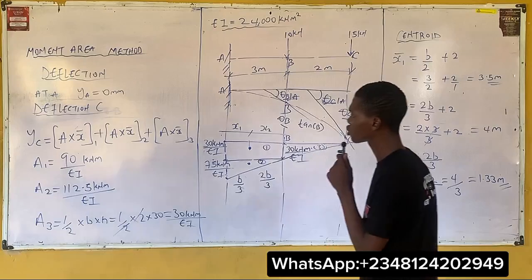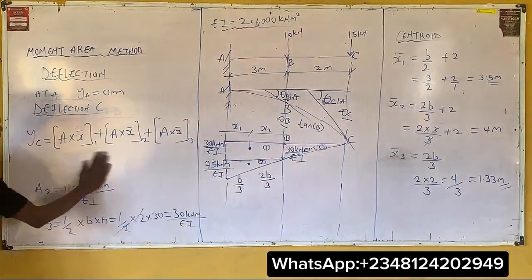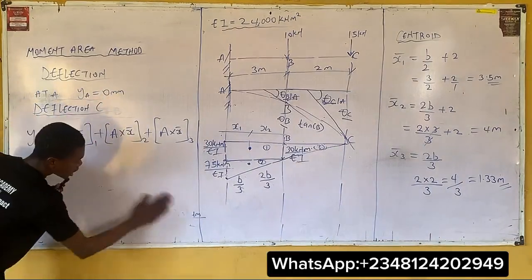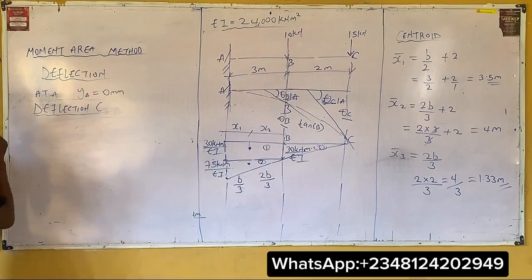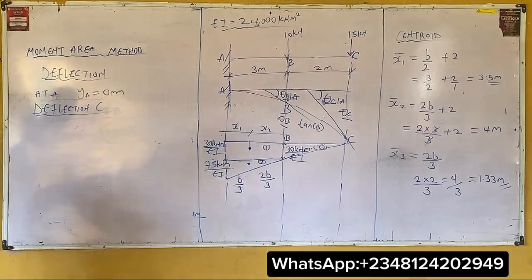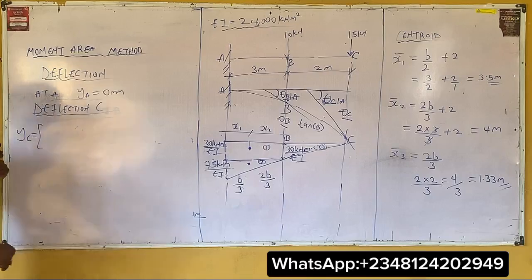So let's sum this up. Let's get the product. So the deflection at C becomes, please call the values for me.